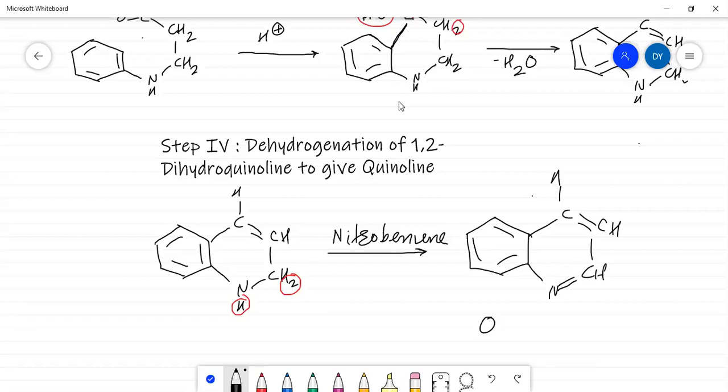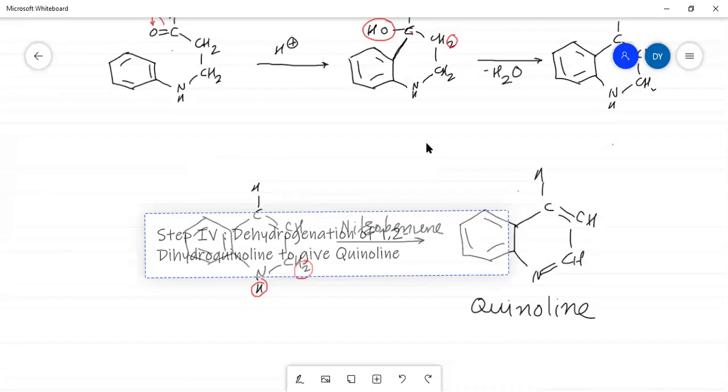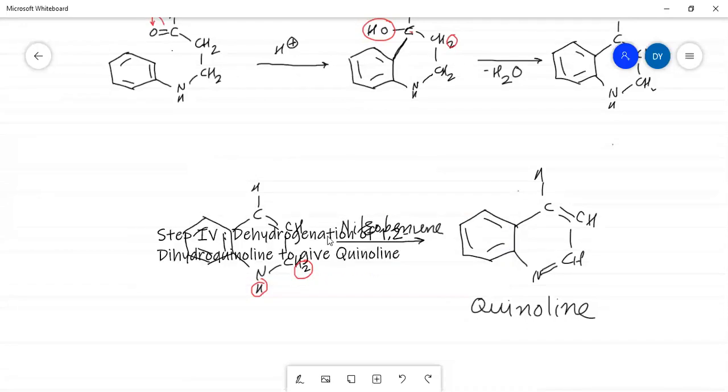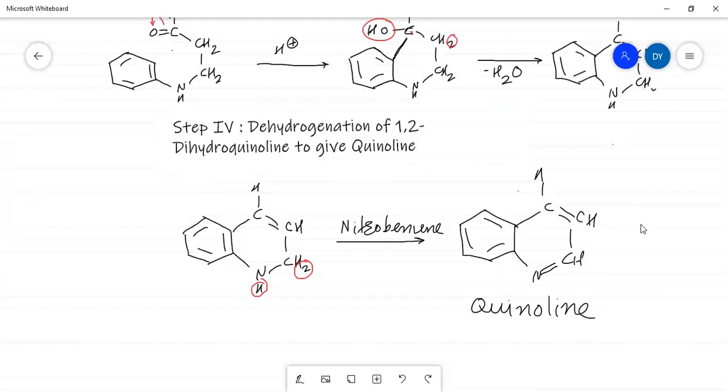So this is nothing but quinoline. So students, this is step number 4. Step number 4 is very simple. Only removal of hydrogen takes place to form quinoline.